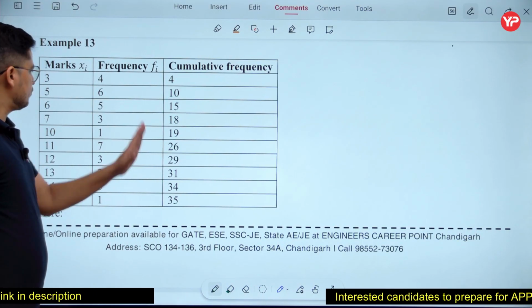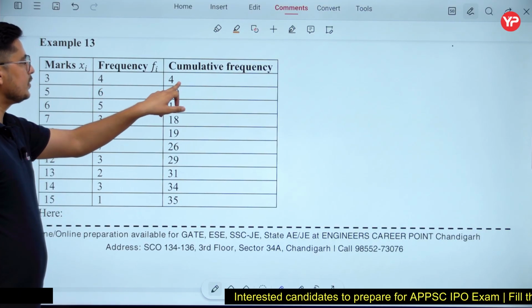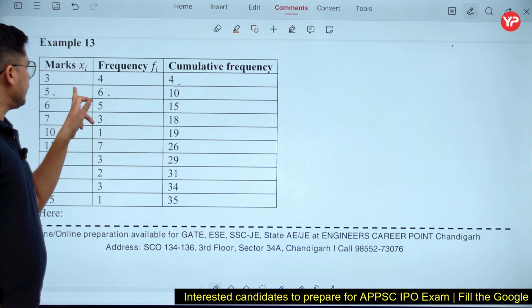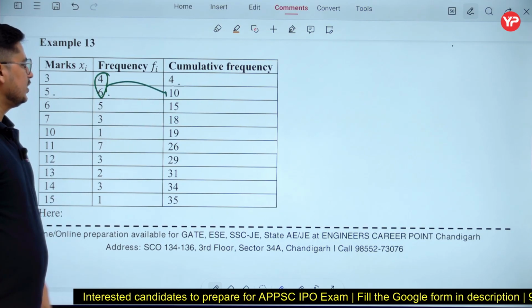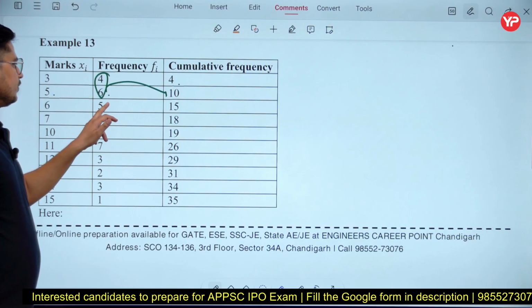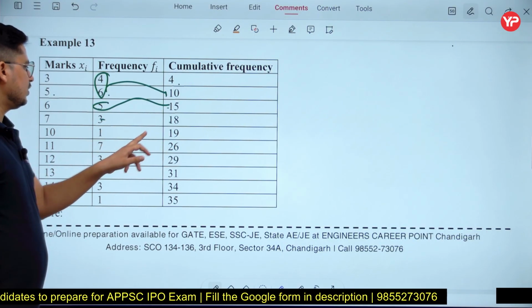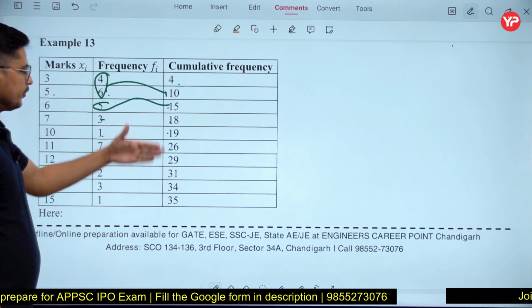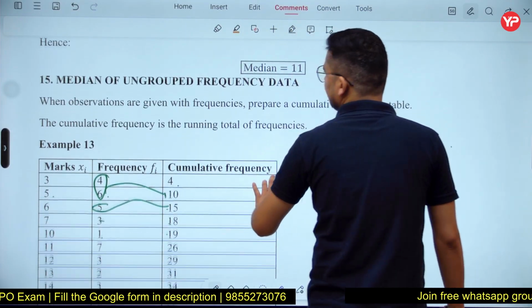After 3 is 4, and as you reach marks 5, you add them together and put that here. It will give you the cumulative frequency. Now 10 plus 5 gives 15, 15 plus 3 gives 18, 18 plus 1 gives 19. This is called the cumulative frequency.